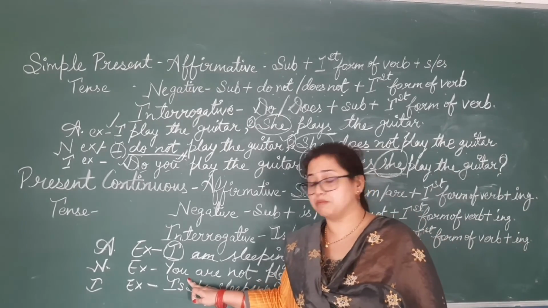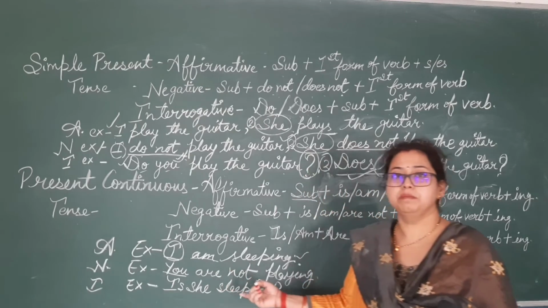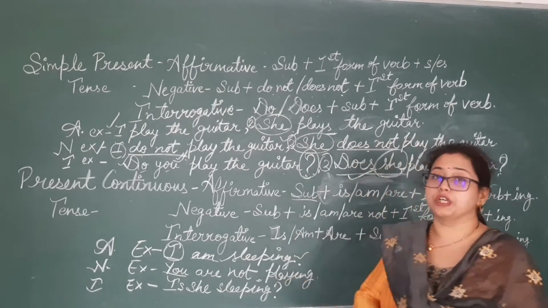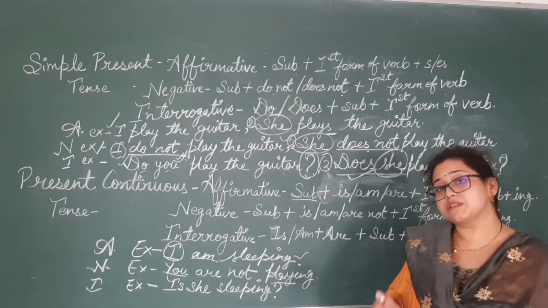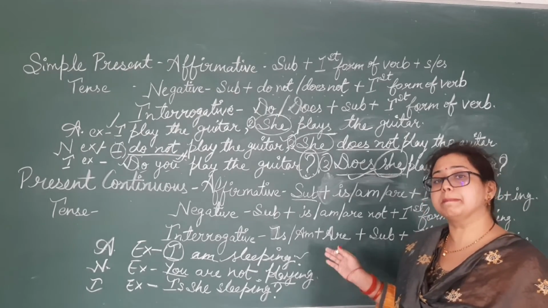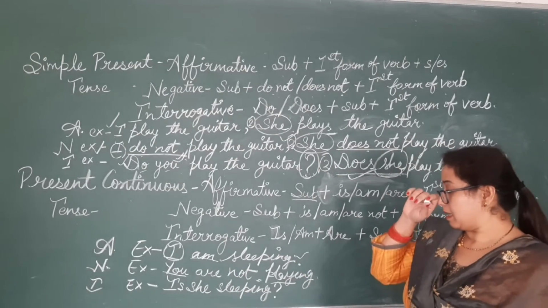You is our subject. With our subject I have put the helping verb according to our subject, which is are, and then not. After that we have put our verb play, the first form of the verb, plus ing, which makes playing. The example is: you are not playing.